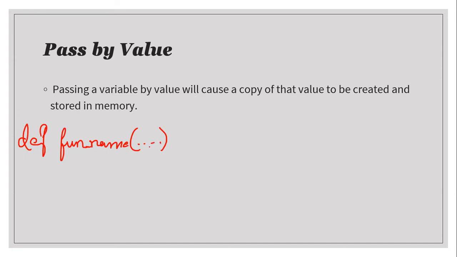Here we have to provide the parameters and then a colon. After that, we cannot start typing here. This is basically a block of code. And you know that Python works on indentation, so it is very strict about indentation.